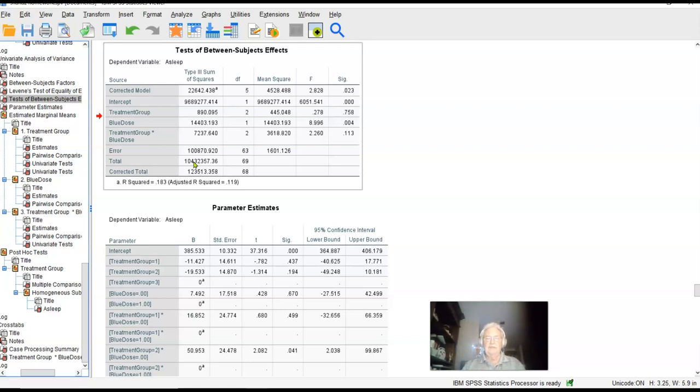All right. That's analysis of covariance.